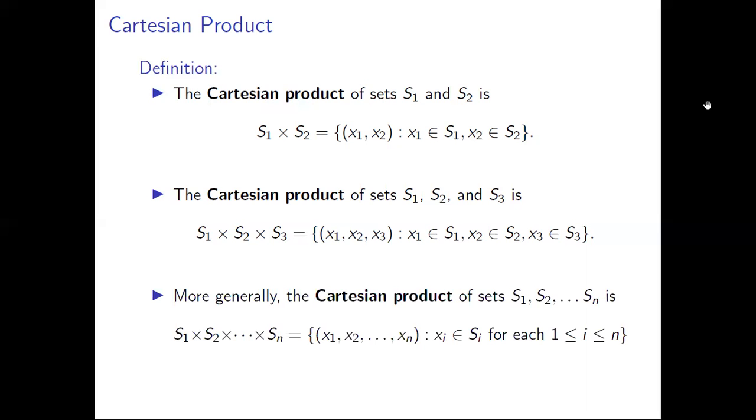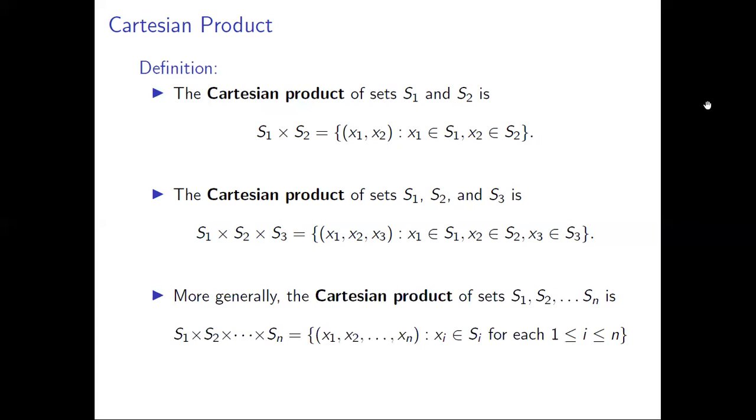More generally, the Cartesian product of n sets, if we have sets S1, S2, all the way through Sn, is written S1 cross S2 cross ... all the way through cross Sn. So the Cartesian product of those n sets is defined to be the set of all lists of length n, right?